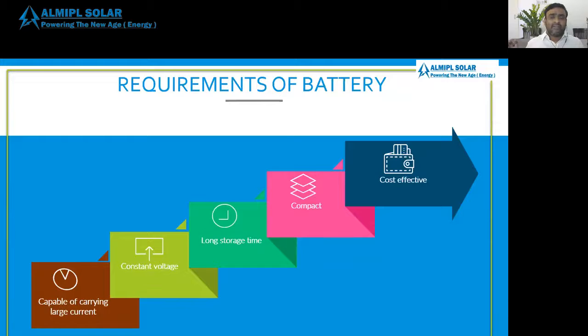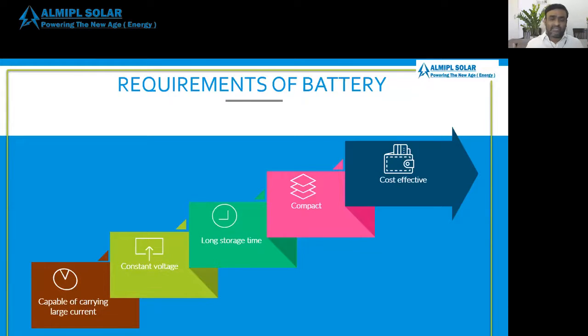Everybody knows there are two types of power: one is AC current, another is DC current, alternating current and direct current. We can store only DC current in a battery. AC current we cannot store.